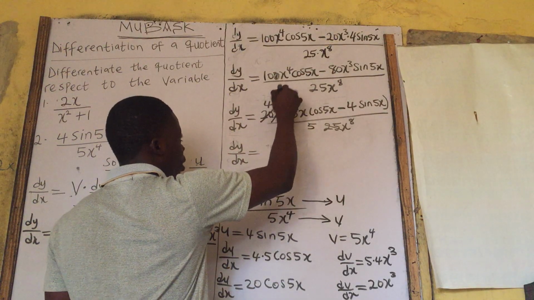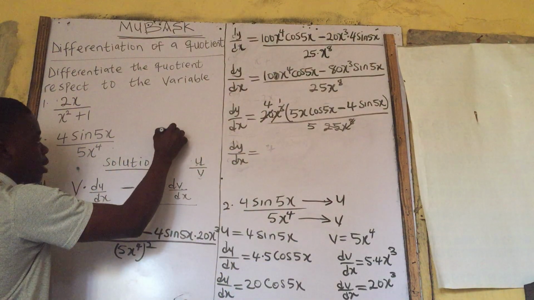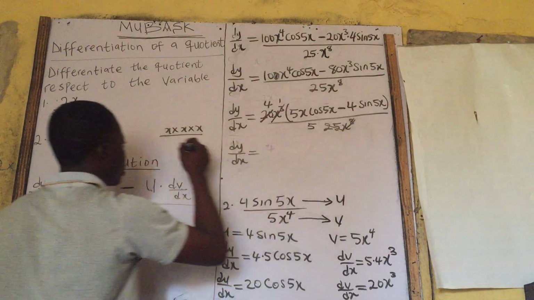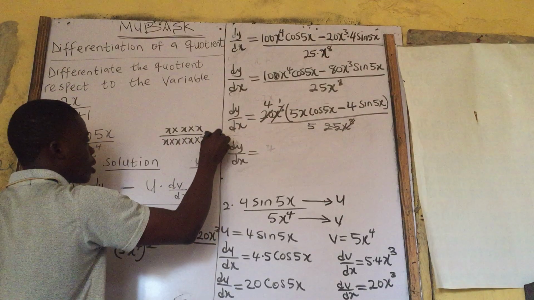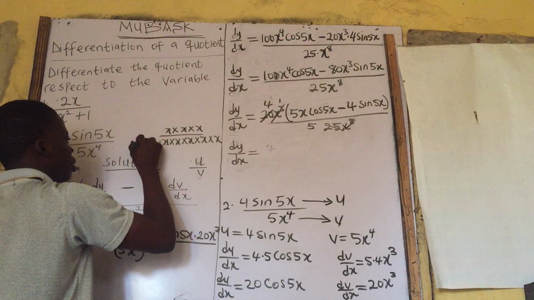This one remains 1, this one remains what? Like this, x times x times x divided by how many x? x times x times x times x times x times x: 1, 2, 3, 4, 5, 6, 7, 8.